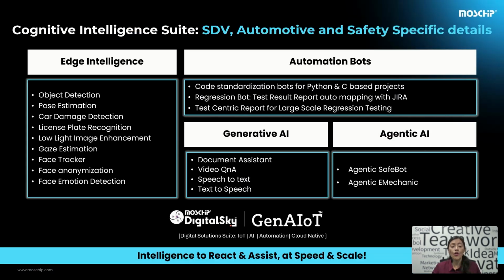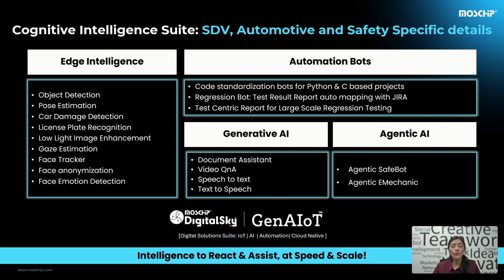So, here's a view of Moschip's Gen AIoT Cognitive Intelligence Accelerator Suite, which we have been investing in as an organization. What you see here is a tailored view of SDV automotive applications and safety critical systems. You can see here the Edge Intelligence module.